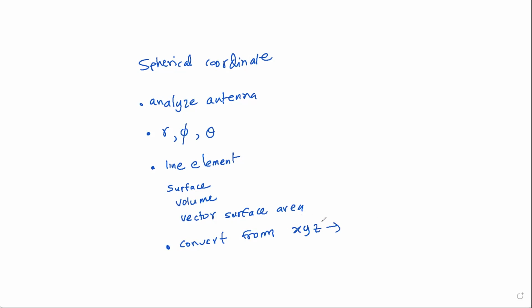If we have the XYZ coordinates, we can find our r, phi, and theta coordinates. Then we also learned how to define the unit vectors along the r, phi, and theta directions. Those were the things that we covered in this lecture.